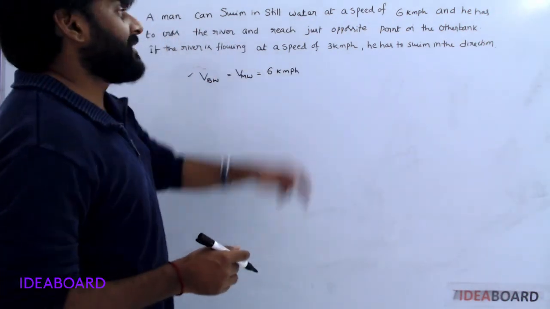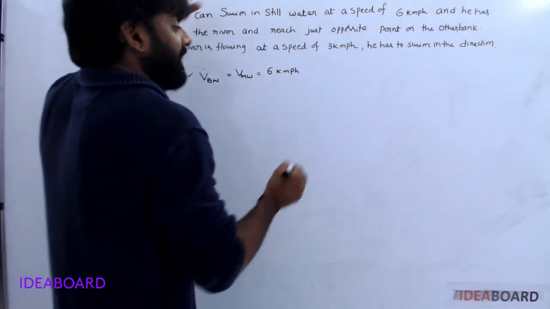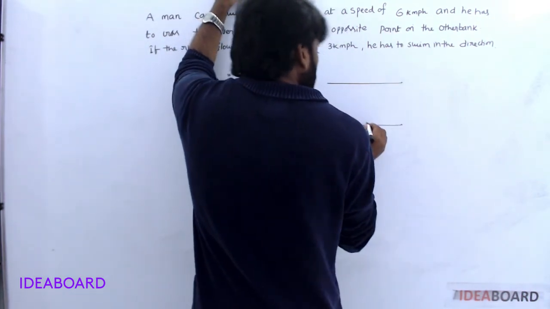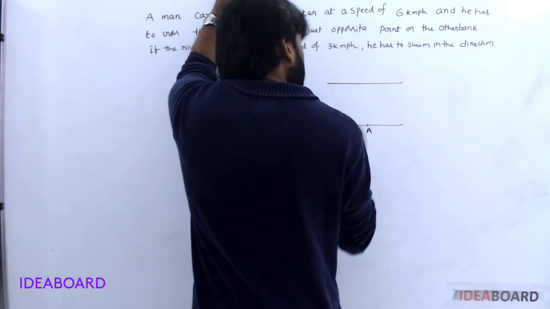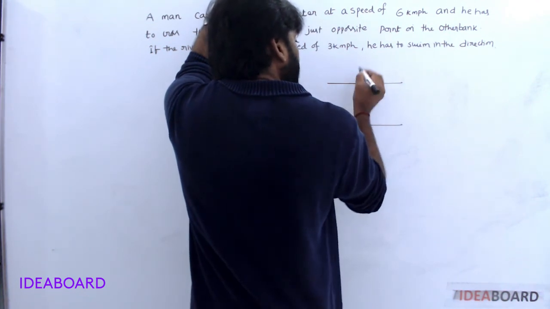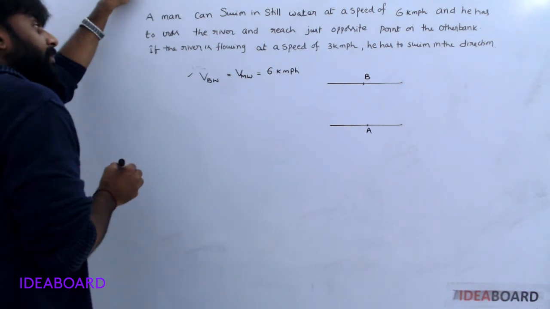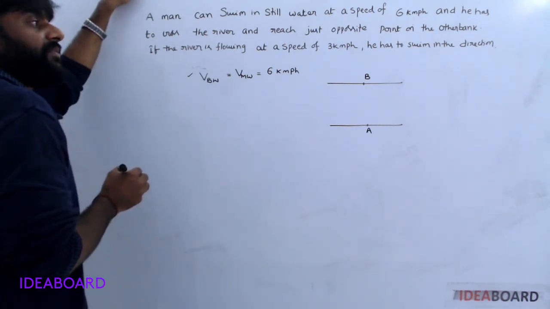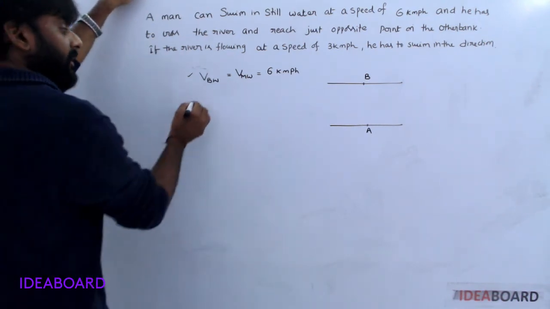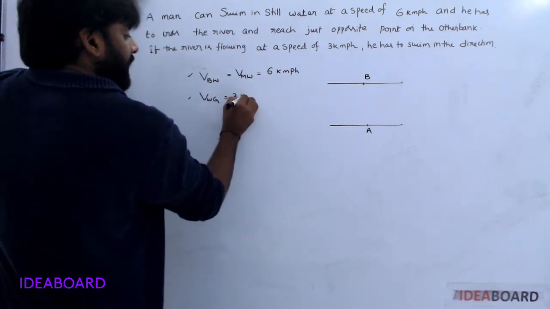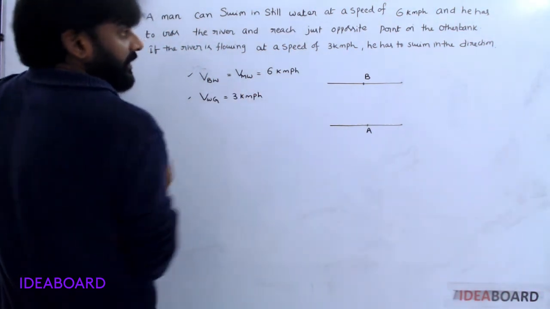To cross the river and reach the just opposite point. Person starts here, reaches the opposite point B exactly. On the other hand, if the river is flowing at a speed of 3 km per hour, here water velocity with respect to ground is 3 km per hour.